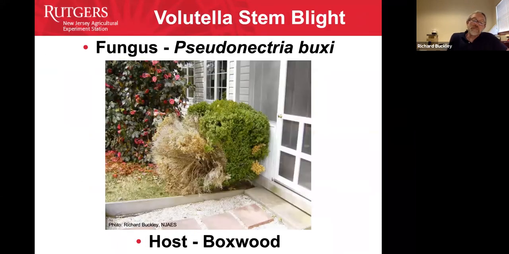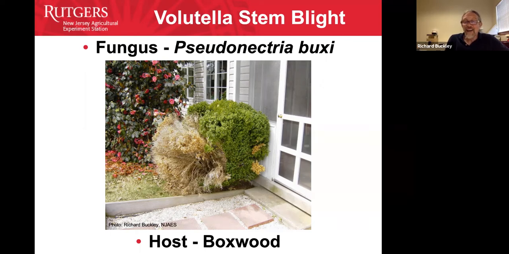This is boxwood. Now I'm sorry, but I'm going to hate boxwood too. Until we had boxwood blight, the key pest for boxwood is a fungus called Pseudonectria, which we call Volutella or Volutella stem blight. I have literally 900 boxwood entries in my database, and 850 of them say Volutella somewhere in the letter.